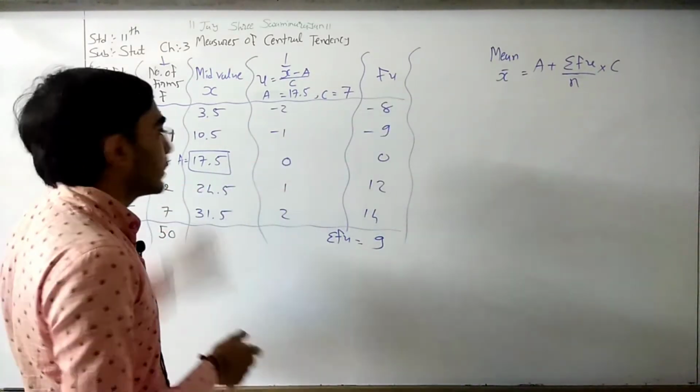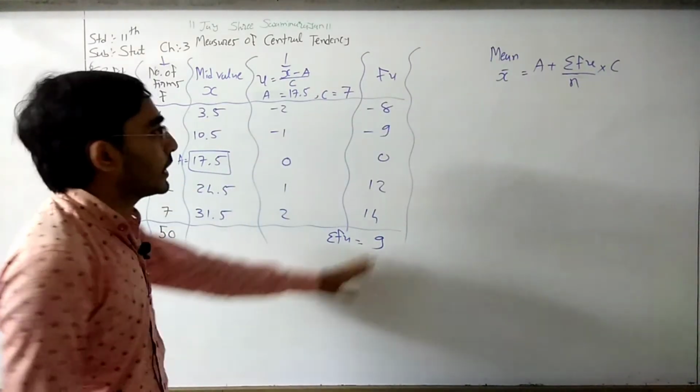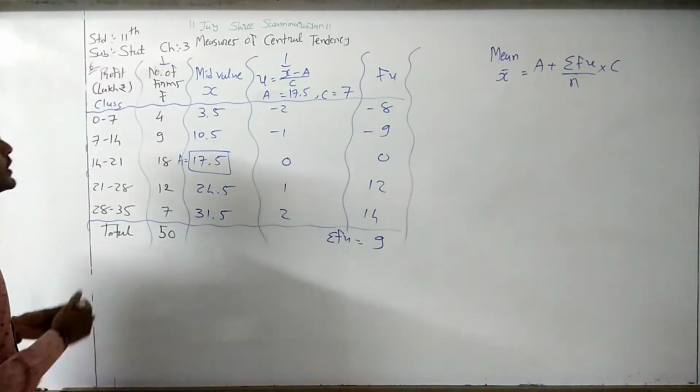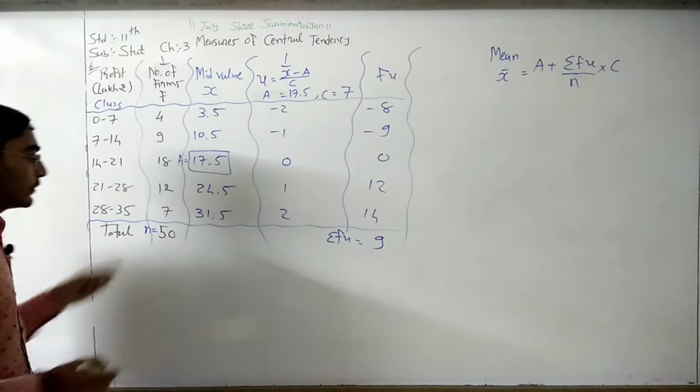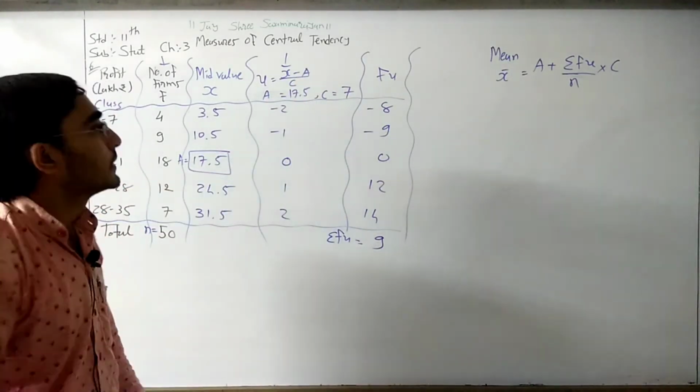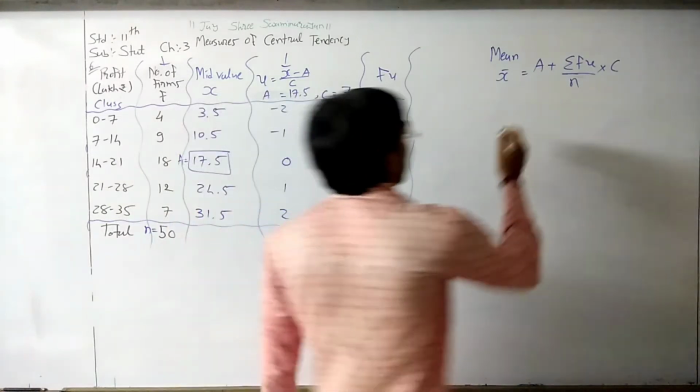So our A is 17.5, sigma FU 9 divided by N, that means addition of frequency, it is 50, and C, it is your class length 7. Okay, now put all the values here.